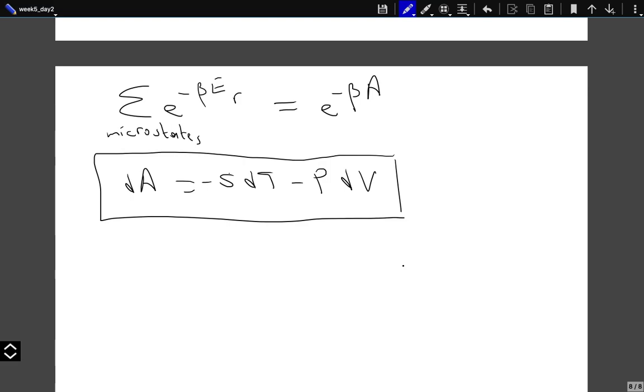Let me ask this one first. You see, also this A over here is E minus TS. So let me ask this question first. What is the entropy in terms of these exponentials in statistics?